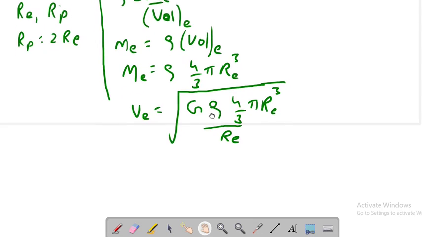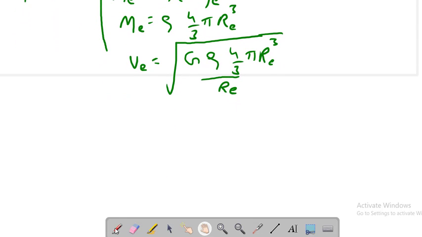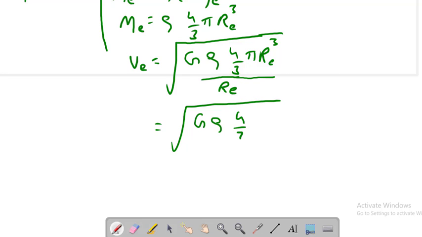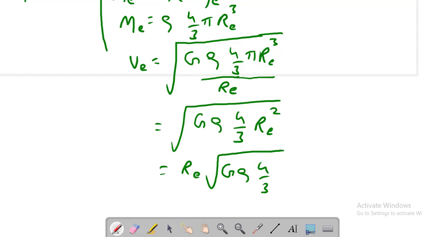Here, one Re in the denominator and numerator gets cancelled out. So we are left with under root G rho 4 by 3 Re square. We take Re outside the square root, so Re square becomes Re, and inside we have G rho 4 by 3. So this is VE, the escape velocity of Earth expression.